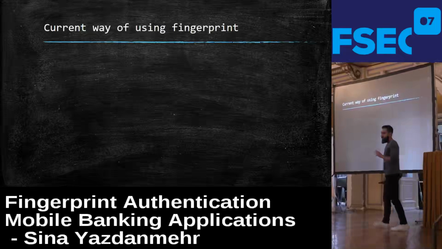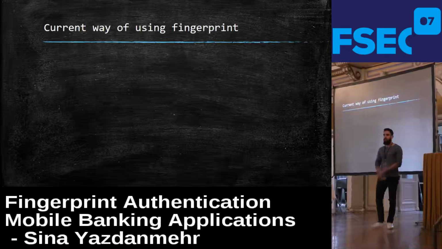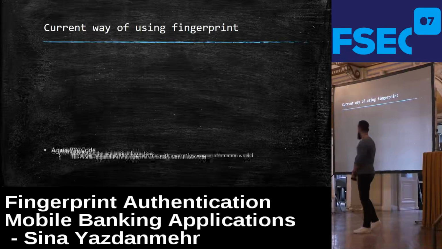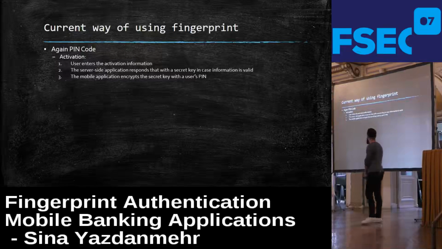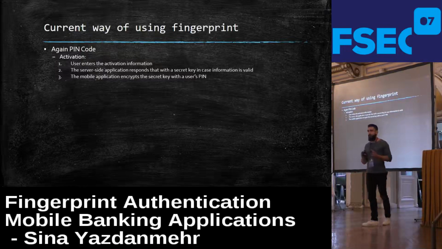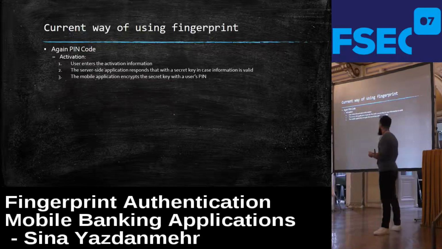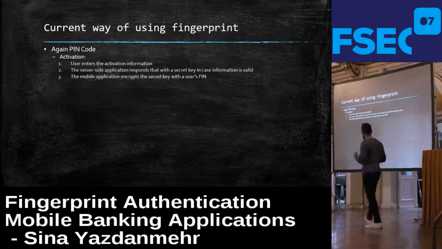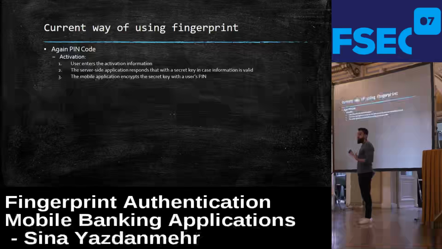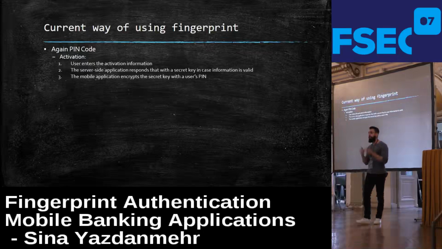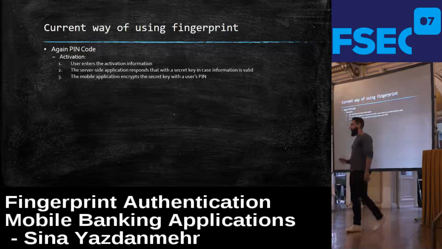Okay, let's take a look at the current way of using fingerprint authentication by the developer. The first three steps are the same as before. The user inputs the activation information, gets back some secret key information from the server side, and then the application encrypts the secret key with a PIN code which the user determines.